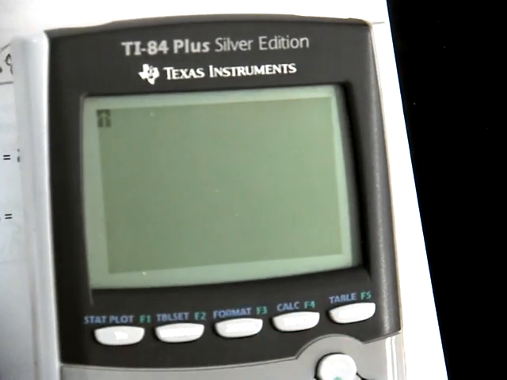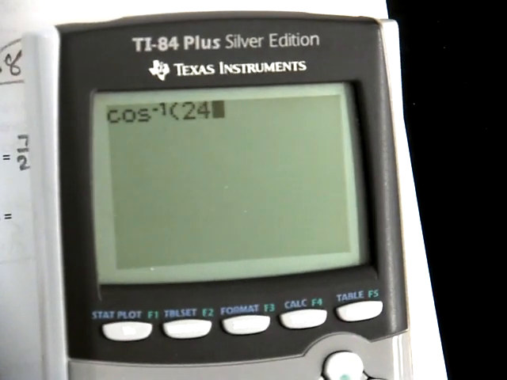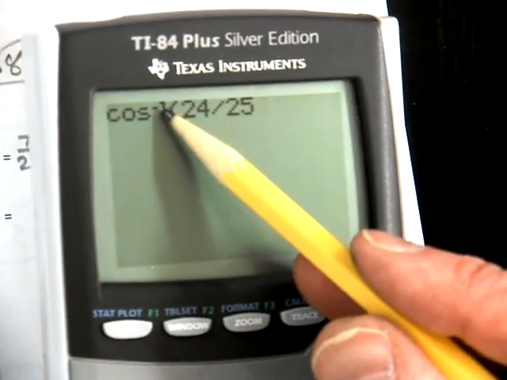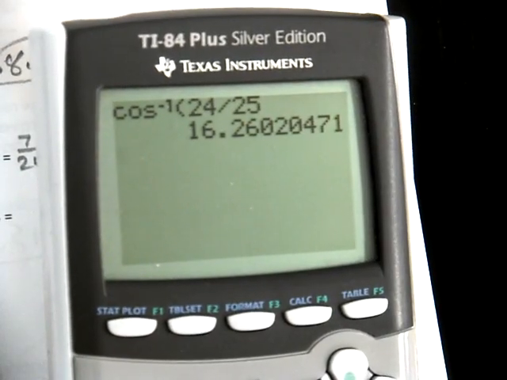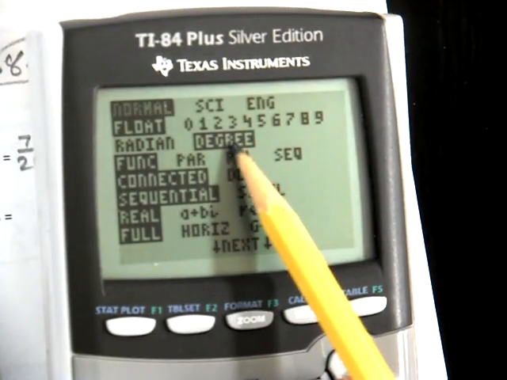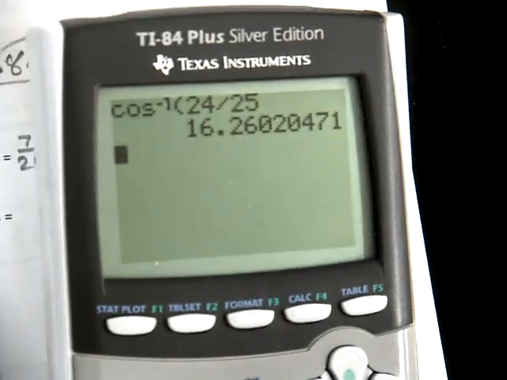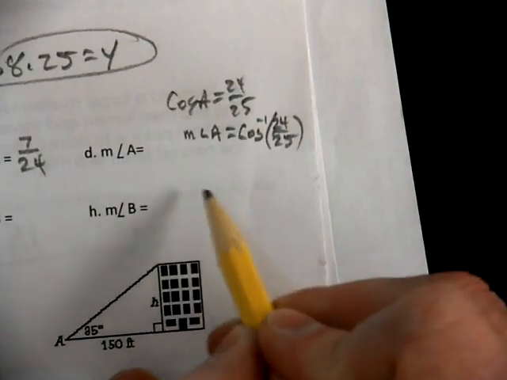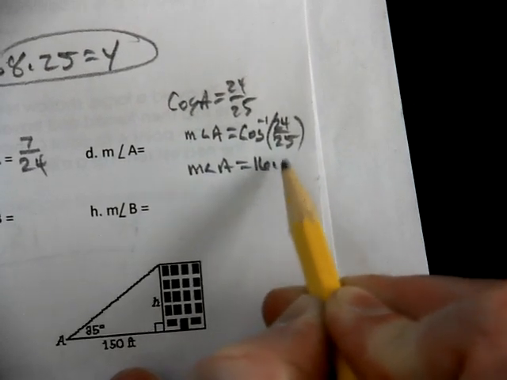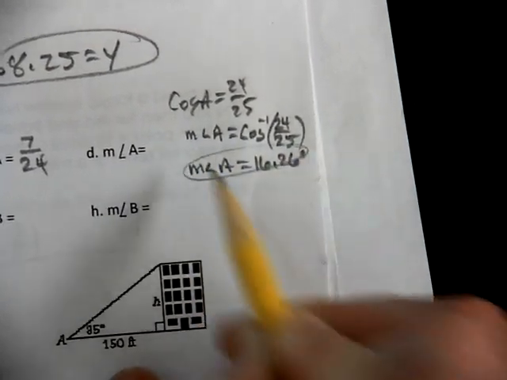So we use our calculator. Second cosine of 24/25. You have to use the inverse, cosine inverse. Gives us a 16-degree angle. You need to be sure you're in degree mode. If you're not getting that, you need to be in degree mode. The measure of angle A was 16.26 degrees.